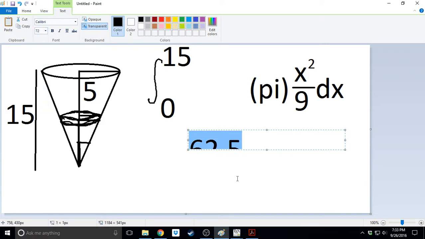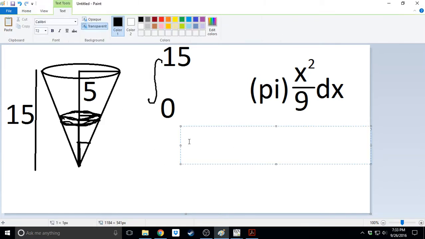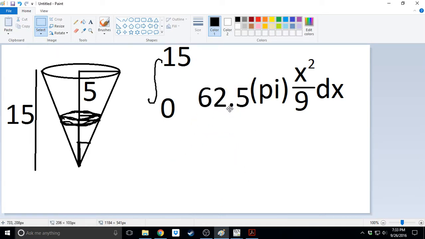So if we multiply by 62.5 pounds, then we're going to convert from a volume of water to a weight of water. So this integral here gives us the weight of the cone of water. But that's not what we want either.